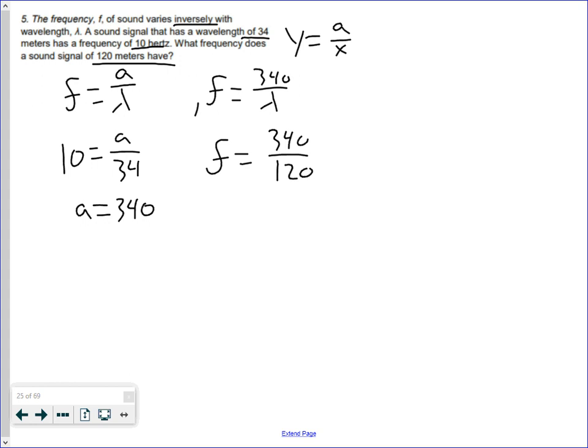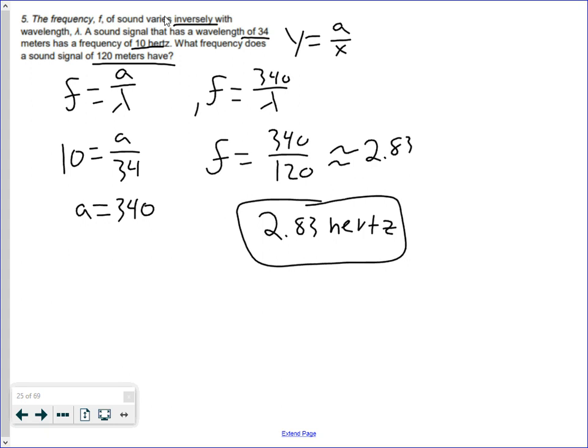And 340 divided by 120 is approximately 2.83. So our answer is approximately 2.83 hertz. And let's put f is approximately 2.83 when our wavelength is 120, just to make sure it's fully correct.